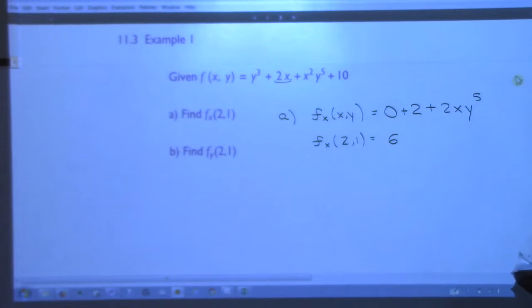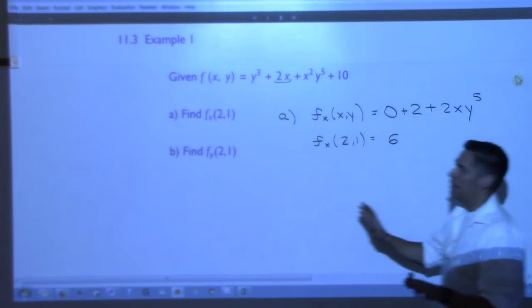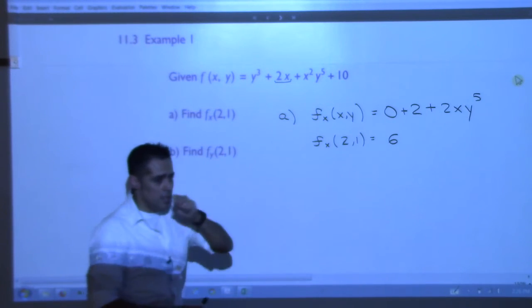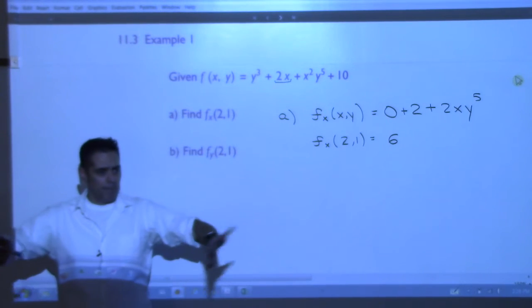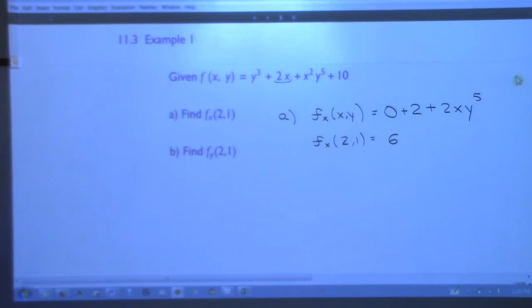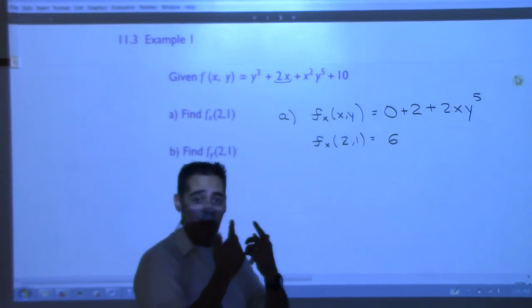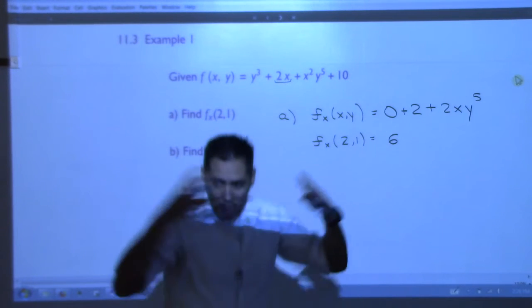Do y'all understand this? So here's what's happening. If I were to graph this, it would be a surface, right? If I were to walk out on the x-axis, 2 spaces, walk on the y-axis, 1 space, plug myself into the function, I would go up or down, I'd land on the function, right?